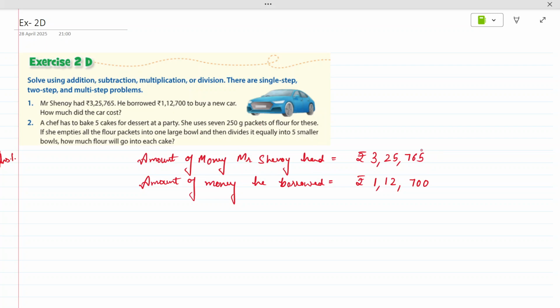So if he had this much of money, he is borrowing more. That means the cost of the car will be the sum of these two amounts. Okay. So the cost of the car will be this amount plus this amount.